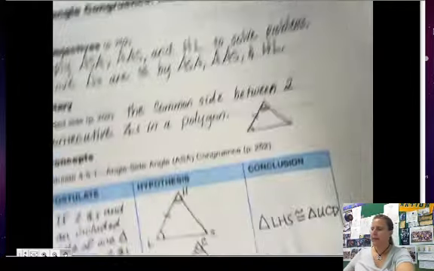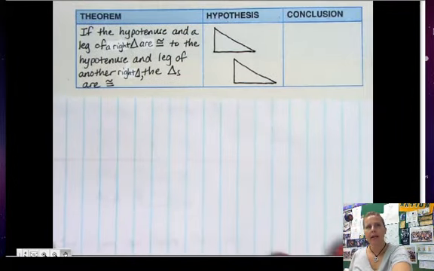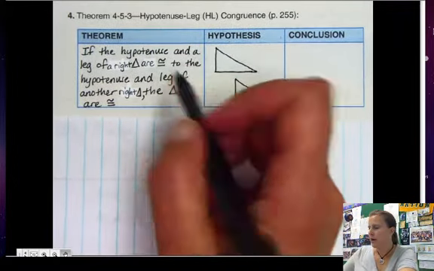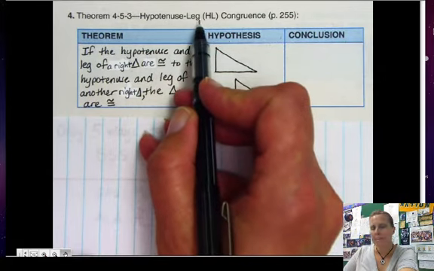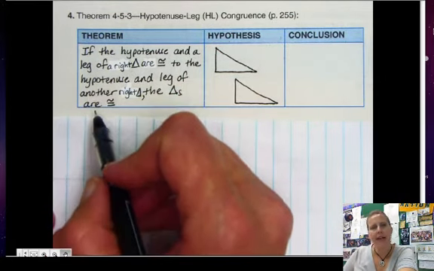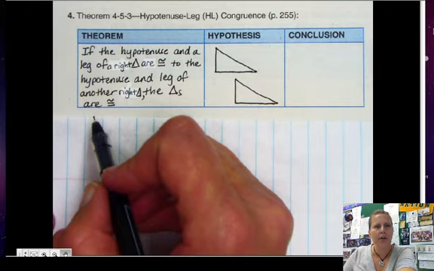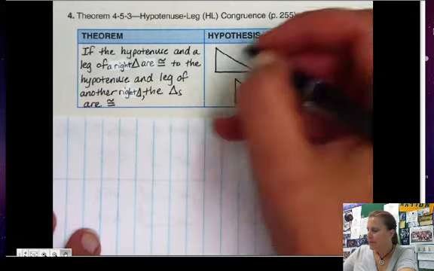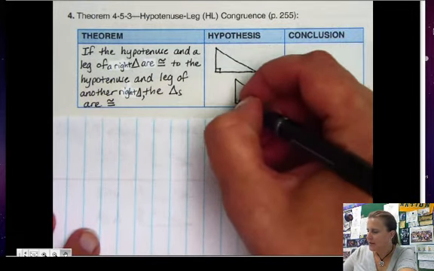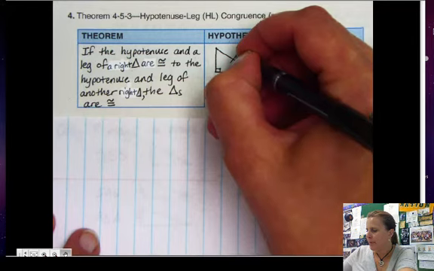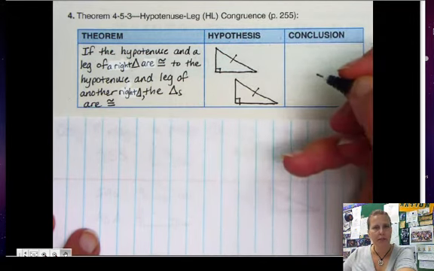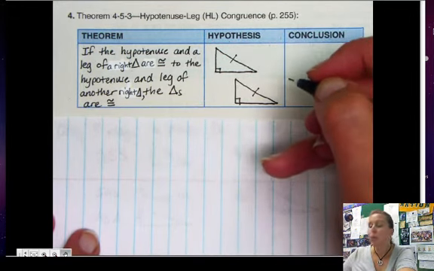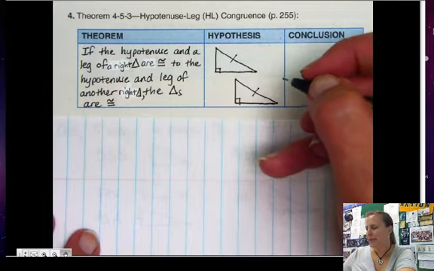Okay, my next one is HL, and that stands for hypotenuse, leg. If the hypotenuse and a leg of one right triangle are congruent to the hypotenuse and a leg of another right triangle, then the triangles are congruent to each other. So here we have right triangles, and I'm told that the hypotenuses are congruent, and also one of the legs, and it doesn't matter which leg.